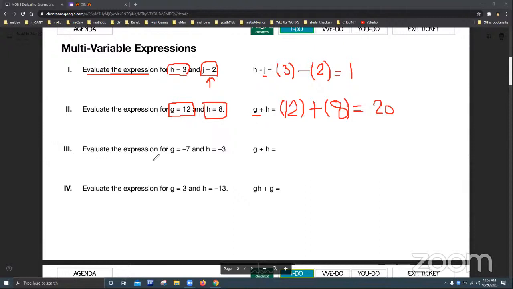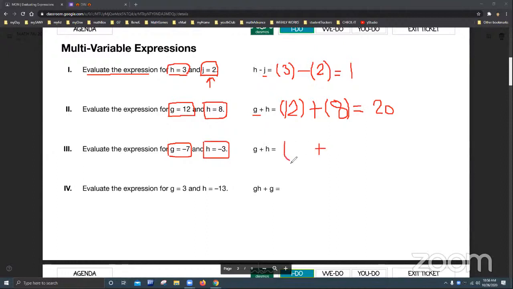And next one, when it becomes negative numbers, you guys have to be very, very careful. As you see in the first two examples, every time I replace a letter with a number, I use parentheses so that I can clearly see that the subtraction is between these two things. It's very useful because when negative numbers come, you're not going to get confused or mixed up with the signs, because there is a plus sign in between.